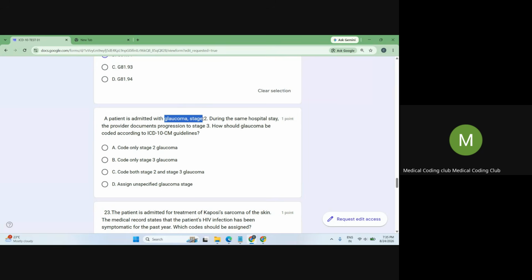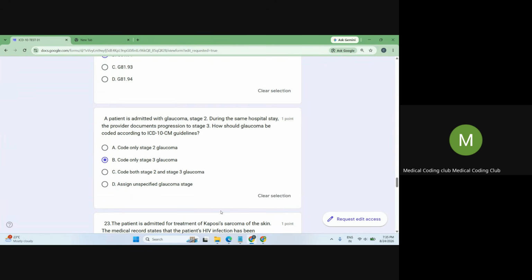Patient admitted with glaucoma stage 2, and during the same hospital stay the provided document shows progression into stage 3. How should glaucoma be coded according to the ICD-10 guideline? Stage 3 glaucoma, the highest stage number will be coded. Correct.